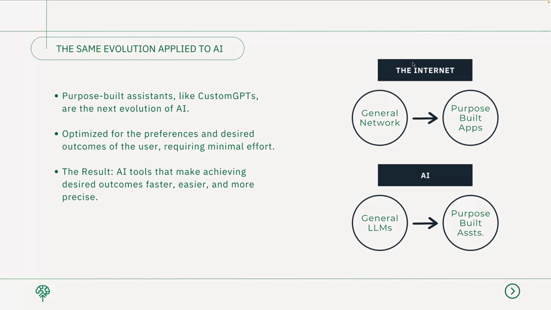The results are going to be optimized for your preferences and desired outcomes, what you want those outputs to look like and how you want them to sound, for you as an individual. It's not going to be a general tool built for hundreds of millions of people. You're going to have tools built specifically for you, your business, and your team. So the result is that these tools are going to be extremely easy to use and generate extremely valuable outputs that are aligned with your preferences. Does that make sense?